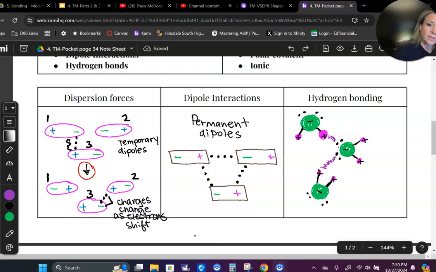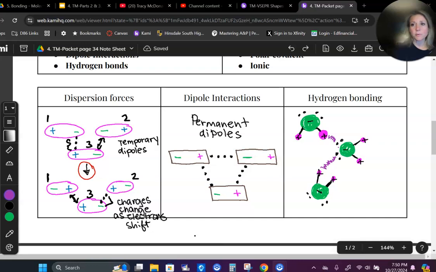Whereas above the arrow, 2 and 3 are going to repel because their negative sides are close to each other. And below the arrow, 1 and 3 are going to repel a little bit because the positive ends are close by each other.